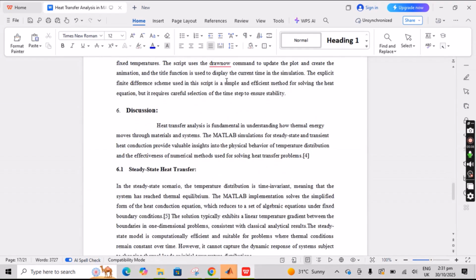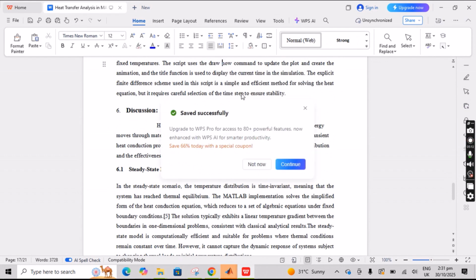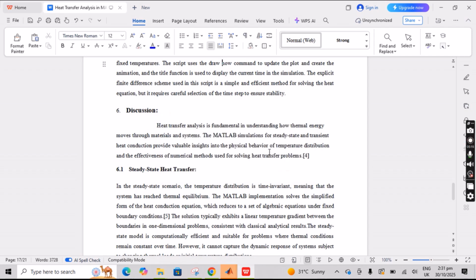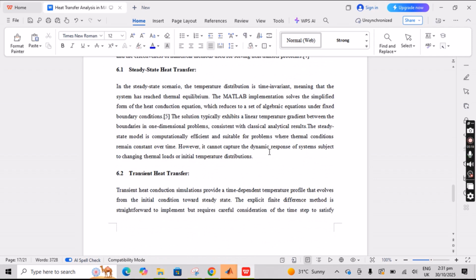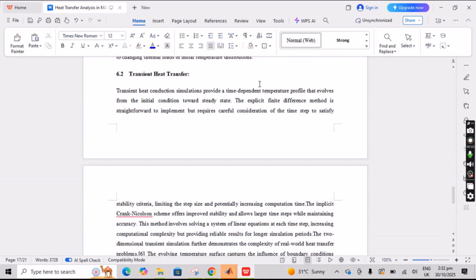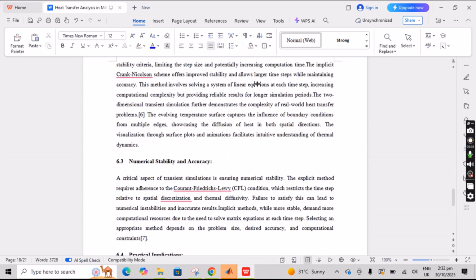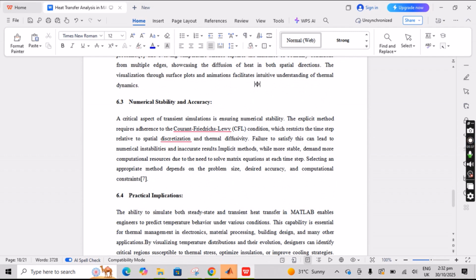Basically, I have added the complete heat transfer analysis based on the different 2D, 1D, 3D dimensional temperature distributions over time in different materials. So these are the outcomes and discussions, what methodology we have used.